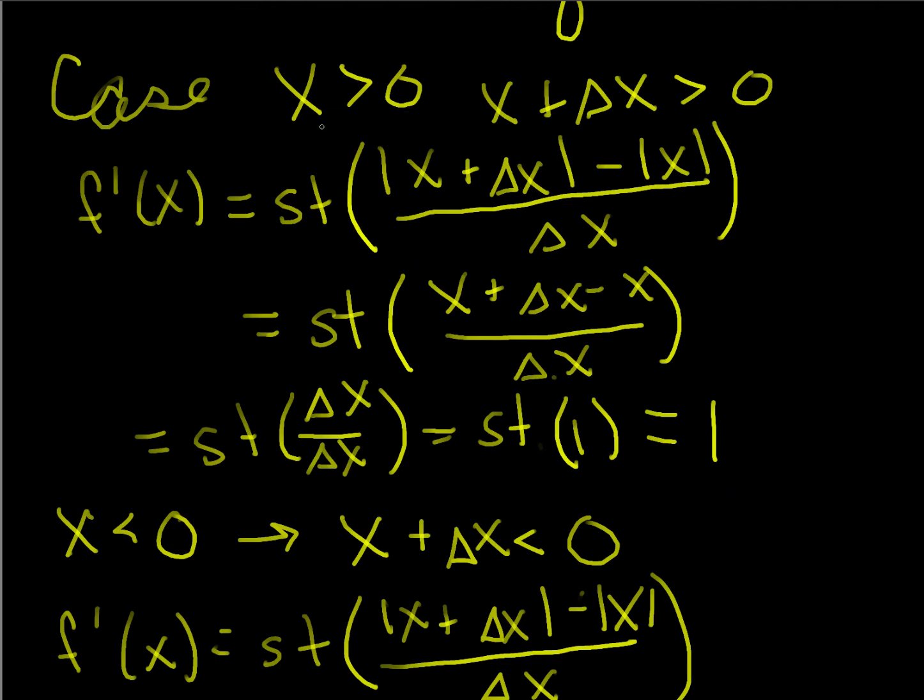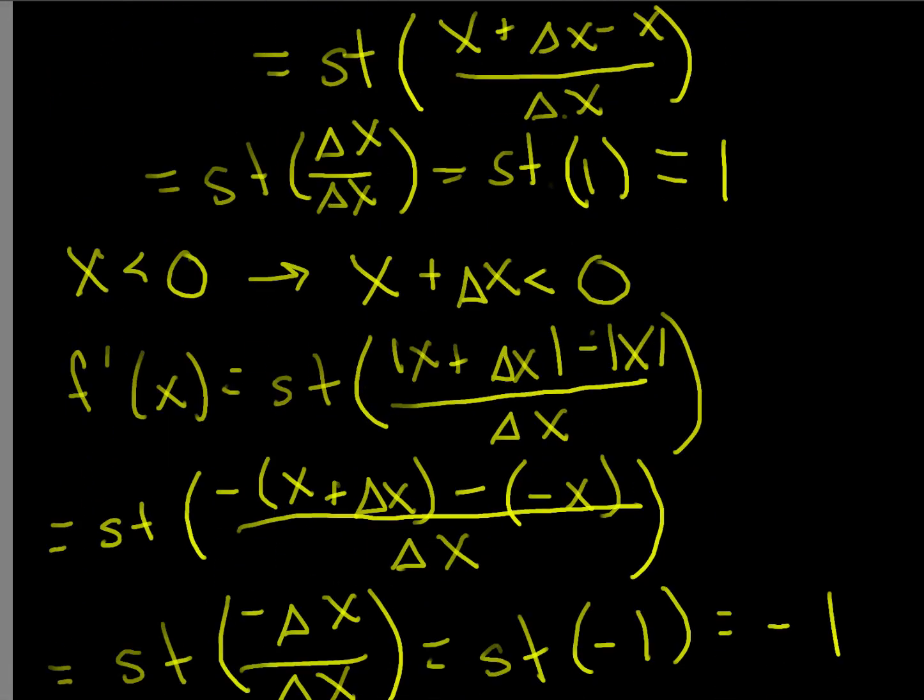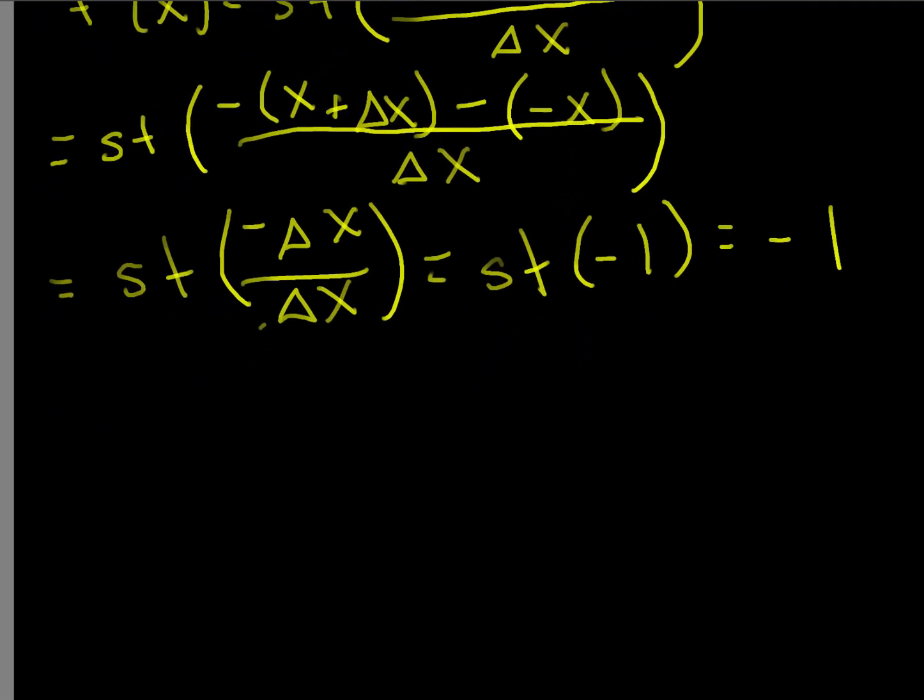So the third case we haven't looked at is when x is actually 0. So what happens at 0?